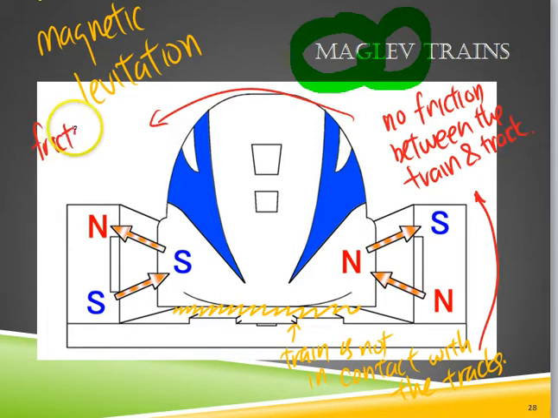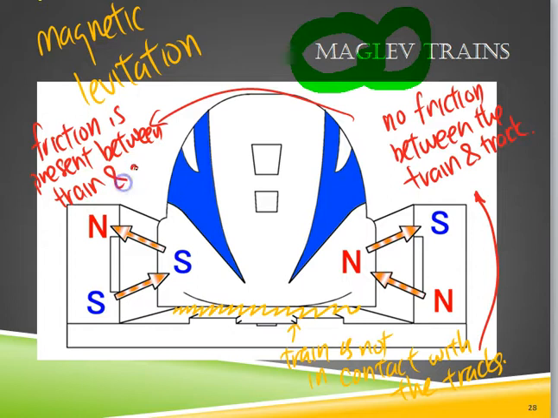Friction is actually still present, but where? Friction is present between the train and the air. So there's still air resistance as the maglev train goes forward. So just take note of this. Okay, so now this is the end for the magnetic force part. You can see that it's not too difficult for under magnetic force.